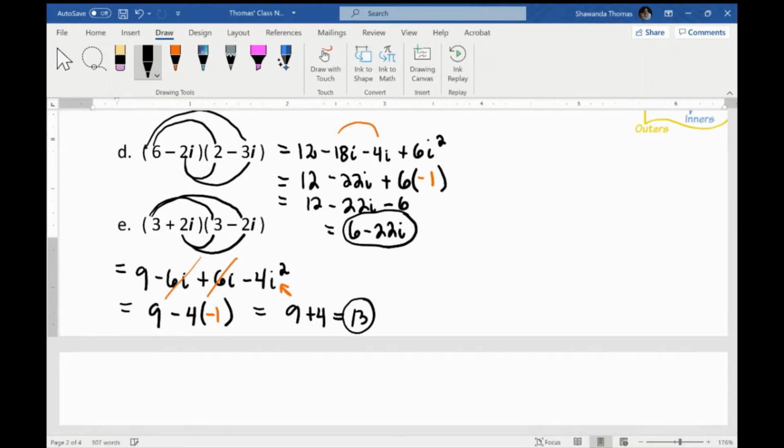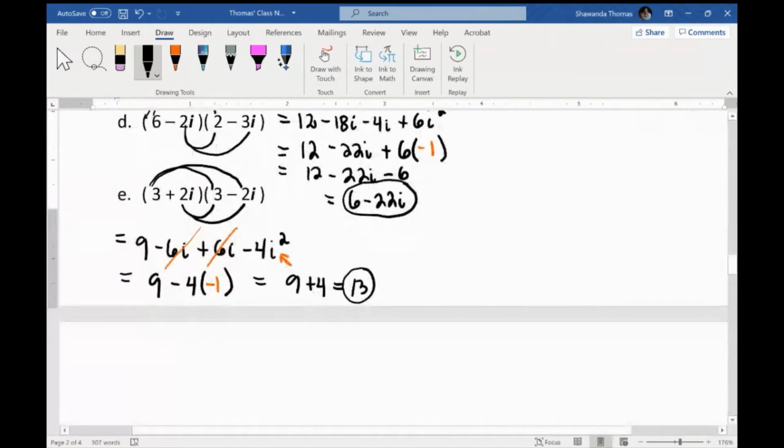So here's what's nice about multiplying conjugates. You won't end up with an i in your answer. You only end up with a real number. We're going to use that to our advantage in the next section, so that's why I set it up like that.